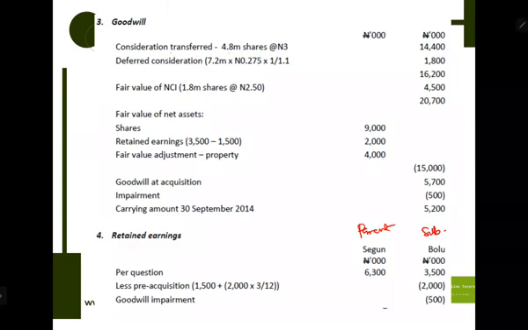Consideration transferred, the one we just calculated, 14,400. Our deferred consideration, 7.2 million times 0.275 multiplied by 1.1, which gives me 1,800,000. When I add this and this, I have my 16,200. Then we are told that it measured the NCI at fair value.